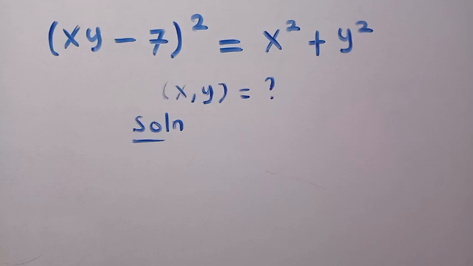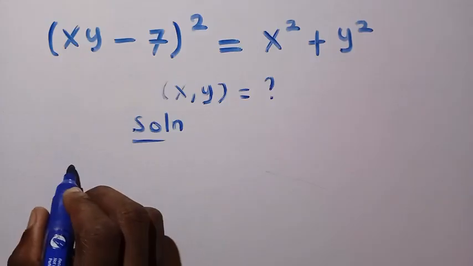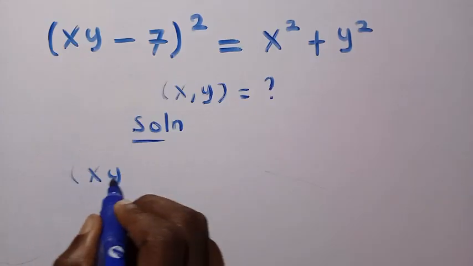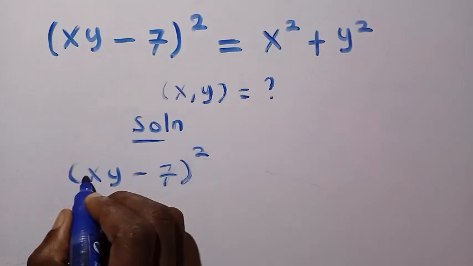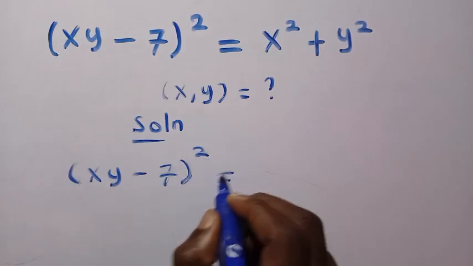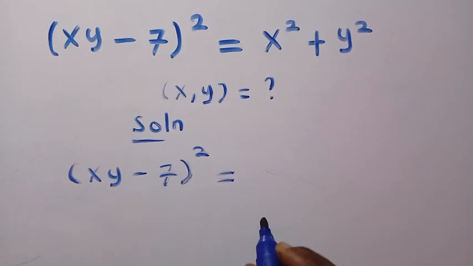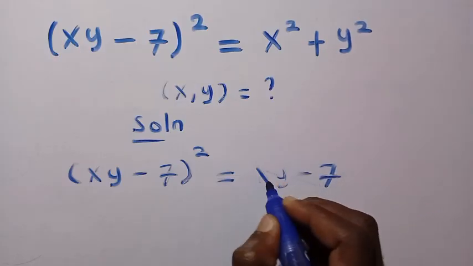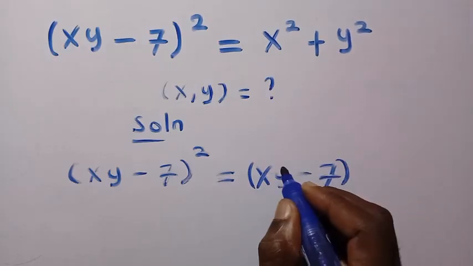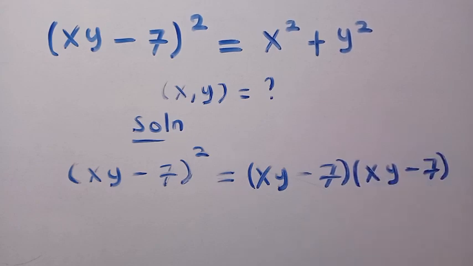The first step we are going to take is to expand (xy − 7)². Let's expand this. We have (xy − 7) raised to the power of 2, which equals (xy − 7) multiplied by (xy − 7).